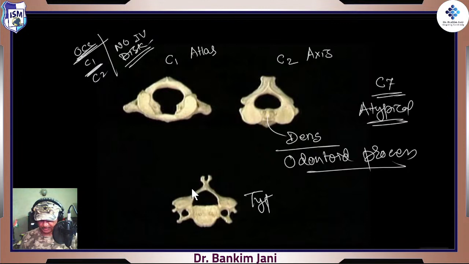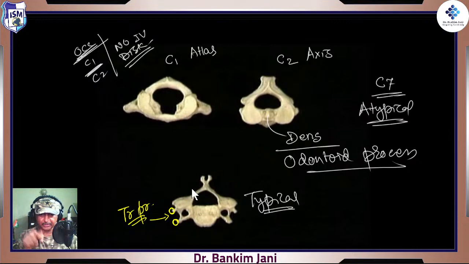And this is the typical cervical vertebra. In this, do remember that this one is the transverse process, right? And in that transverse process, 1 and 2, these are the two tubercles, right? Vertebral body, this is body, right? So the body is always anterior.